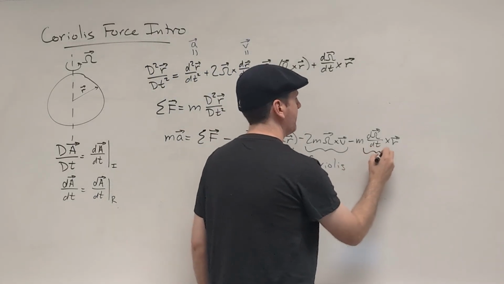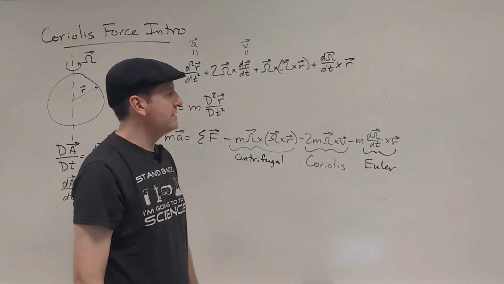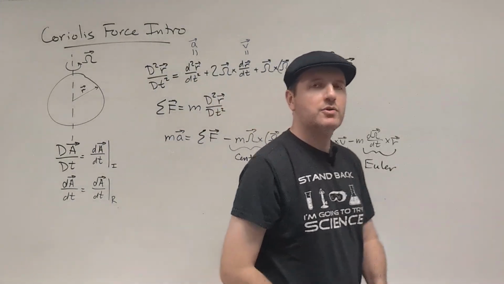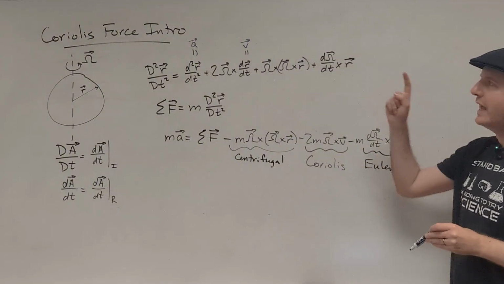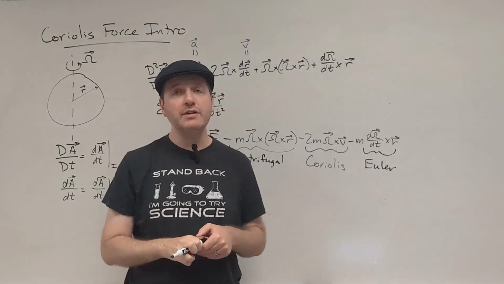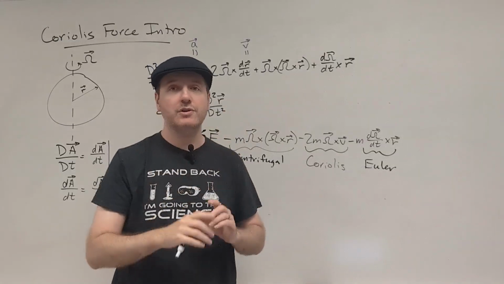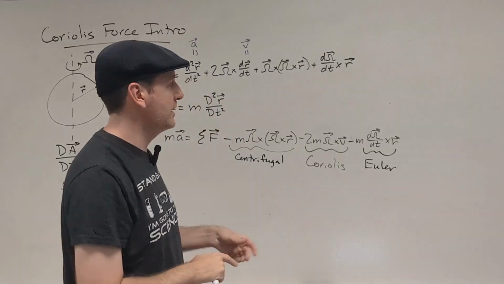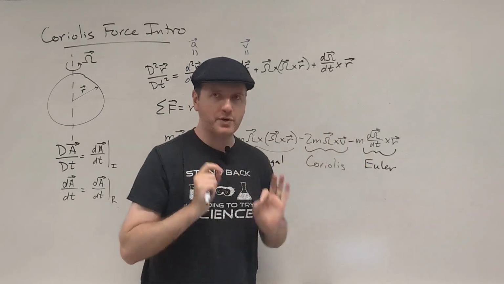This last term is the Euler force, and it actually doesn't really matter for most of our considerations here on Earth because it depends on how quickly the angular velocity of my rotating frame is changing, whether speeding up, slowing down, or even tilting, precession or something like that could lead to an Euler force. But usually this d omega dt is super tiny.